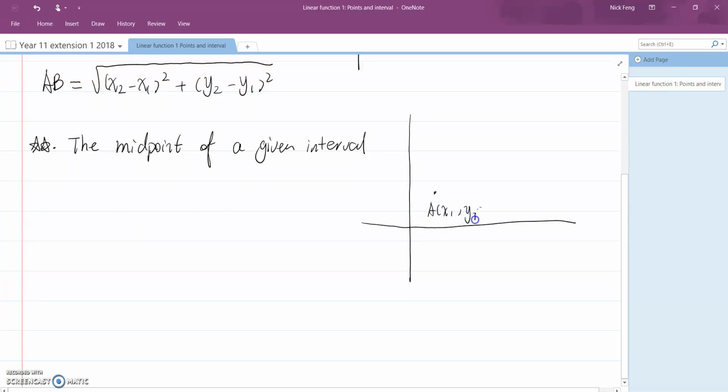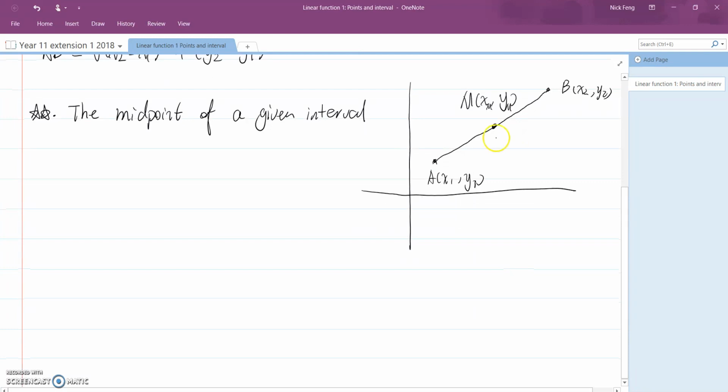Same deal. We have the 2 given points with these coordinates. Okay, and the middle point, we always call it capital M with x and y. Now, I usually put a subscript underneath x and y to indicate this is the x coordinates of midpoint M and y coordinates of midpoint M.